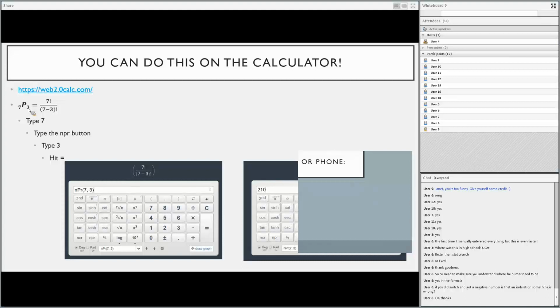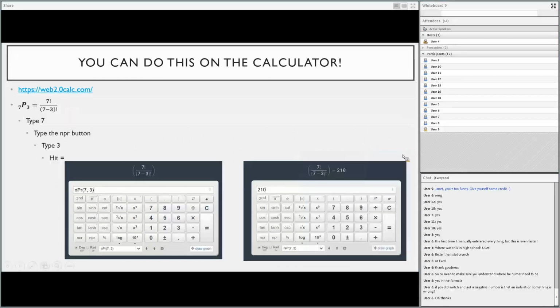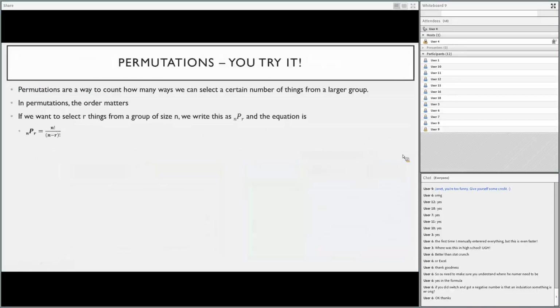Yes, you should not have a negative number when you're doing any of these counting formulas. If you're using the calculator, then the negative number shouldn't come up at all because you're just going to type in the 7 and the 3. But yeah, you shouldn't be taking a negative factorial ever. Any other questions before we keep going? Looks like no, so I'm going to keep going.